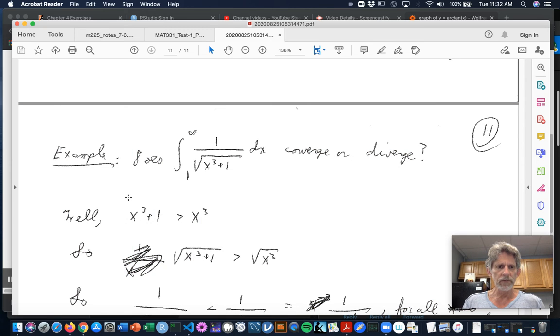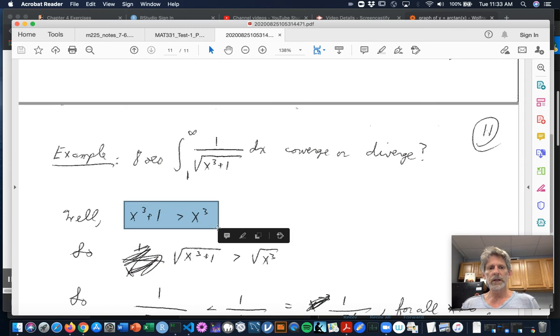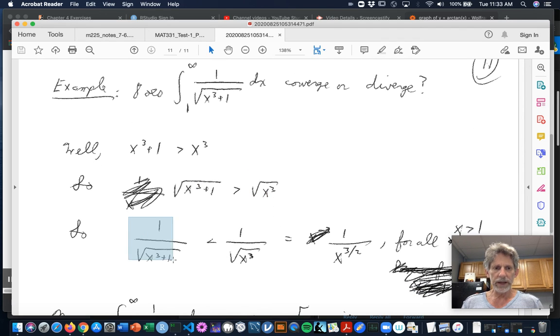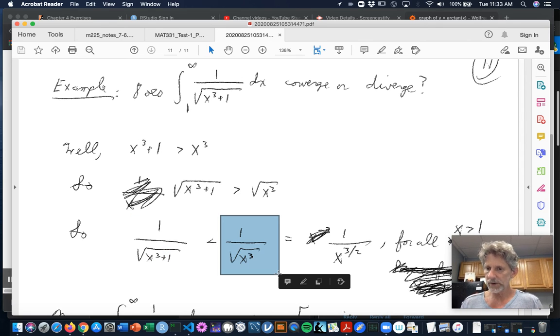And you know what? The x cubed plus 1 that I have is bigger than x cubed. And so the square root that I'm looking at in my problem is bigger than the square root of x cubed. So my integrand, the reciprocal of that square root, would have to be less than the reciprocal of the square root of x cubed.